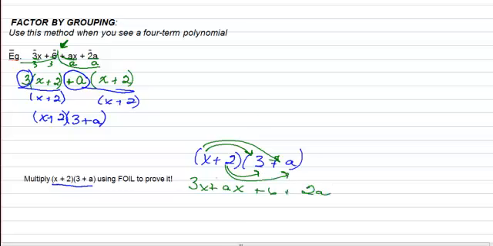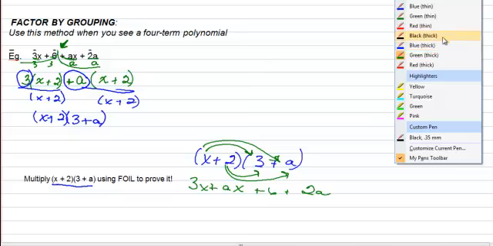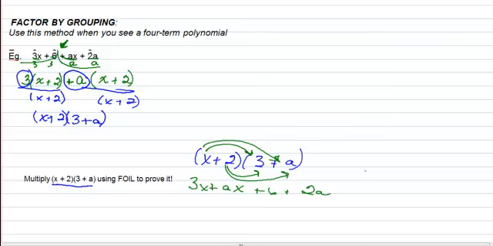Now we look at our original, and our original looked a little bit different. I'm going to bring it down here so we can take a look. Our original looked like 3x plus 6 plus ax plus 2a. Now if you look at these two things, you can see the 3x is exactly the same, and the 2a is exactly the same, and by that I mean they're in the same position.